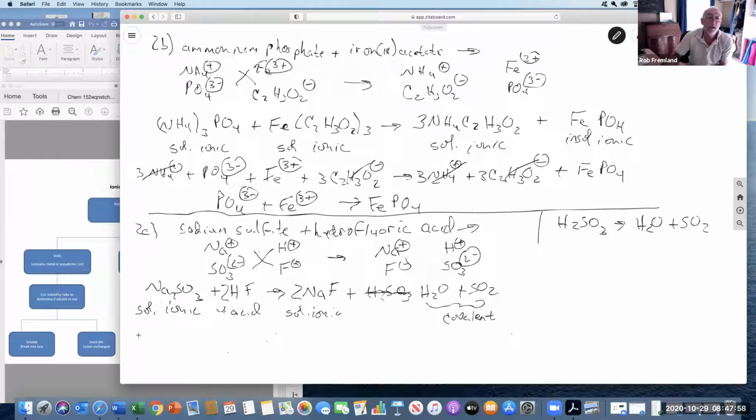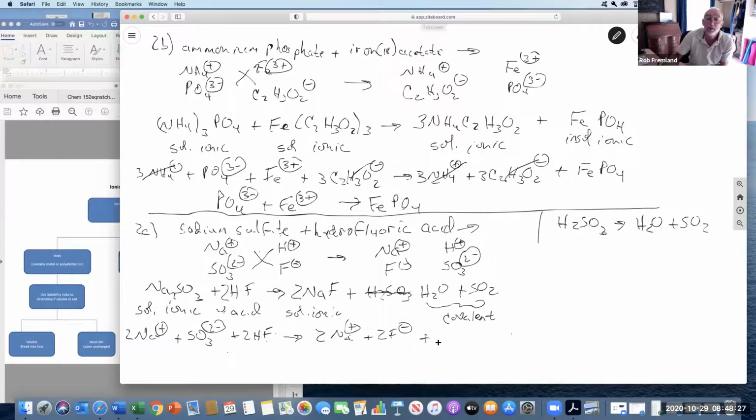Okay, so then we do soluble ionics. We break into ions. So 2 Na+, SO3 2 minus, 2 HF, 2 NaF, I'm sorry, 2 Na+, my bad, 2 F minus. Because we break this into ions as a weak acid, we leave it alone.